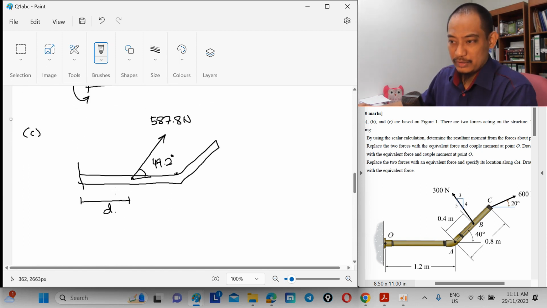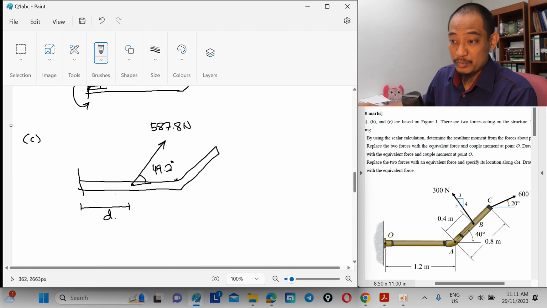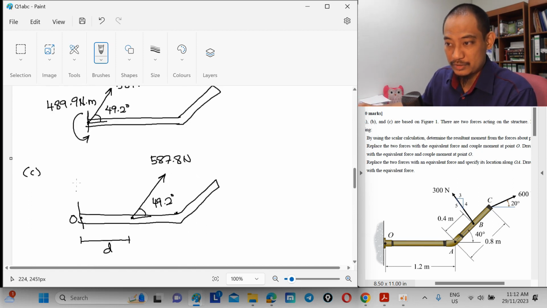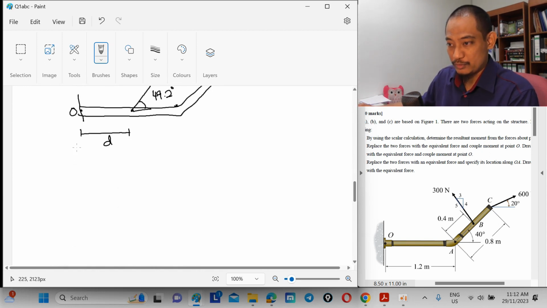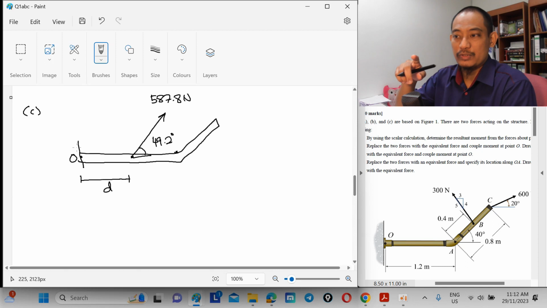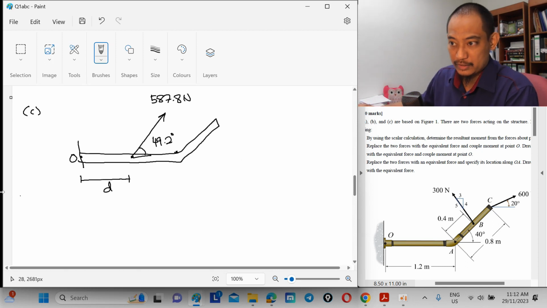So that is the only one that we need to calculate. The moment produced by this force about point O should be equivalent to the moment here, so we use FR as well as theta.